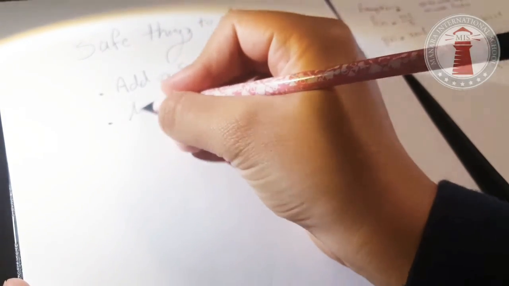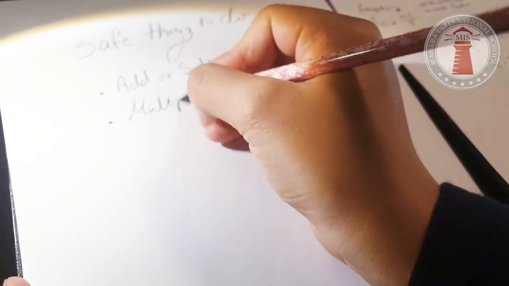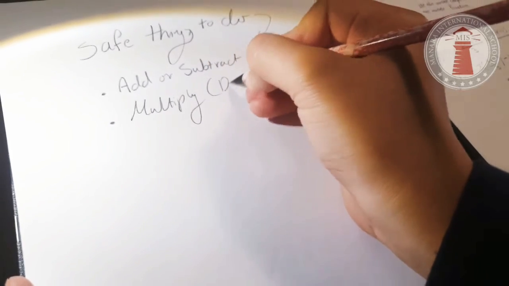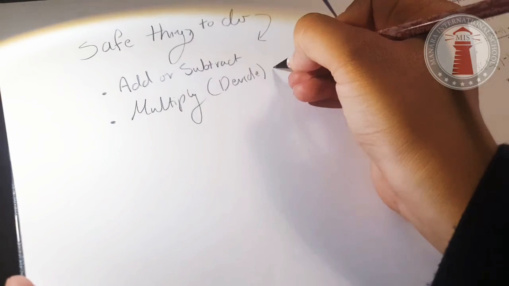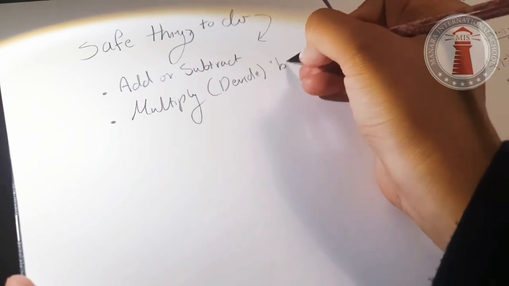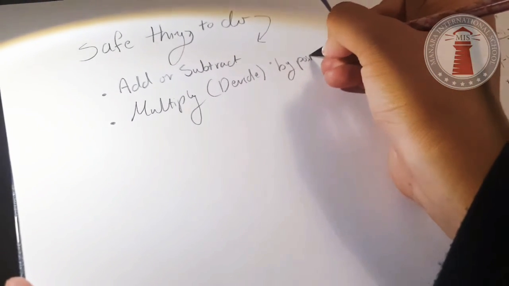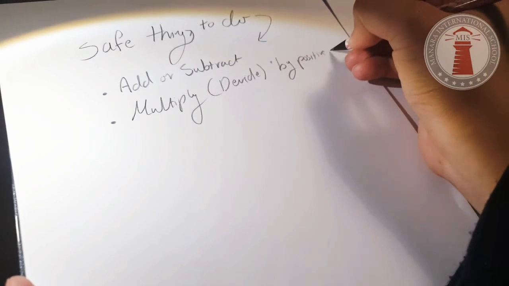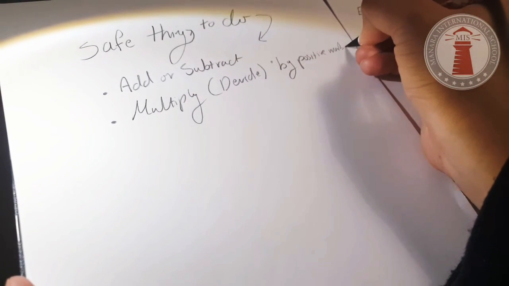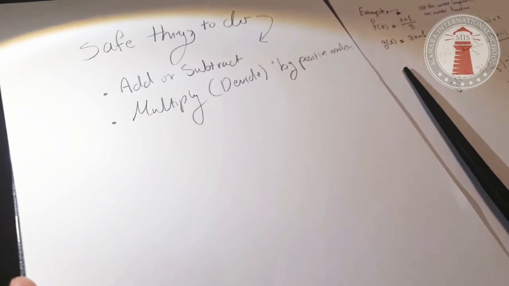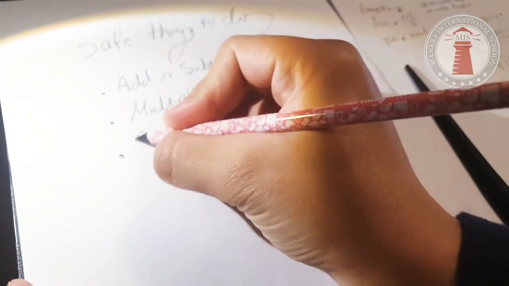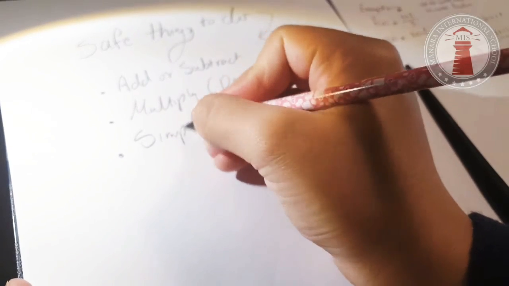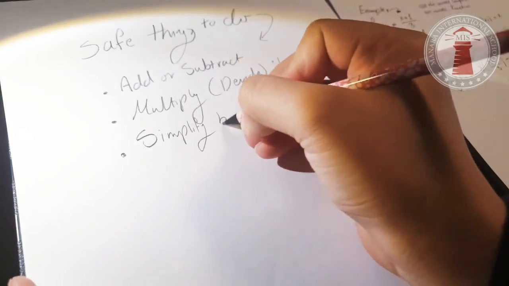And then we can multiply, we can also divide, but here we're going to say by a positive number. And we can simplify both sides. What does that mean?